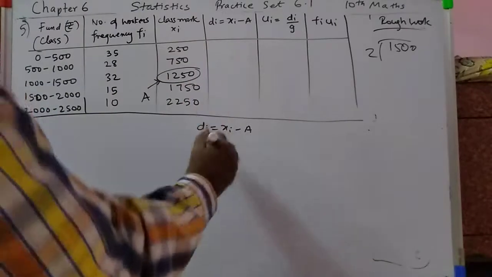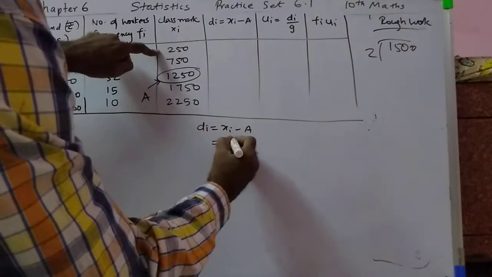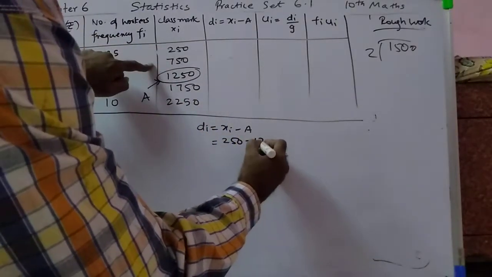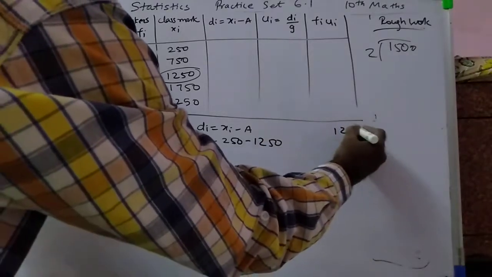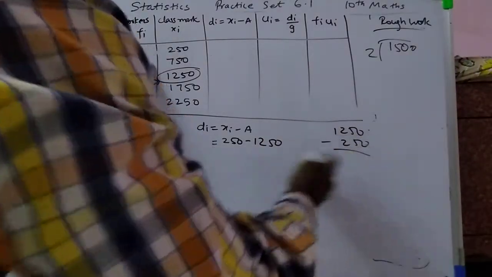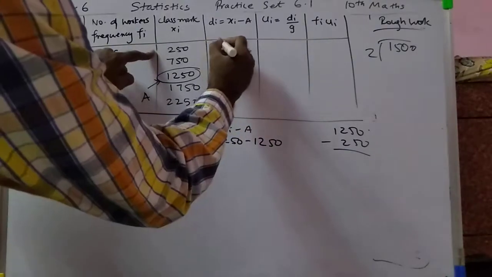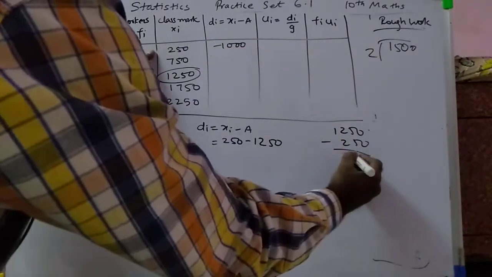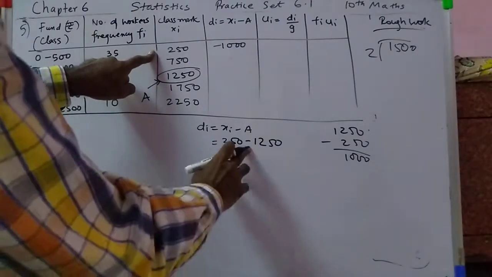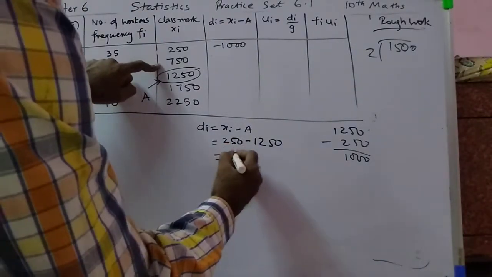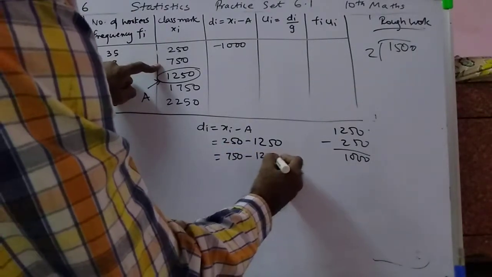Okay, now calculate this. That will become 250 minus 1250, or rather 1250 minus 250. Calculate, put it here. It is minus, so it will become minus 1000. Because it is minus, now take the other number: 750 minus 1250.